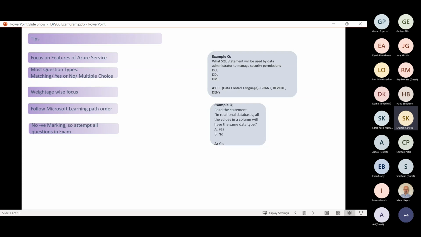And then my suggestion is, when you're attempting the Microsoft learning path that I referred to in the beginning of the presentation, do not skip. You should follow the learning path, because if you jump into module 3, it might have more weightage, but then you have skipped module 2, which takes you forward to module 3.